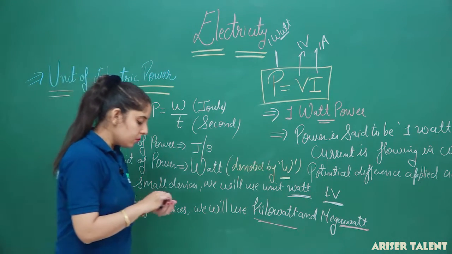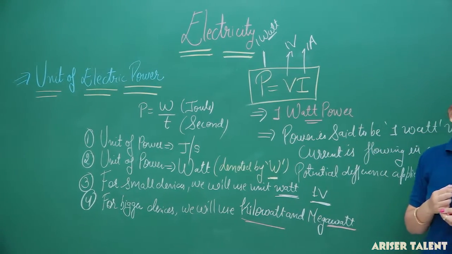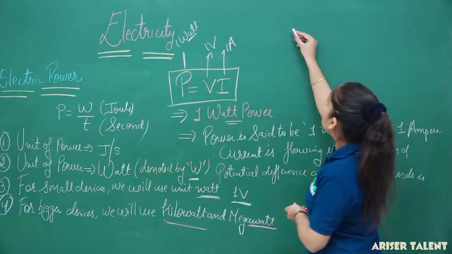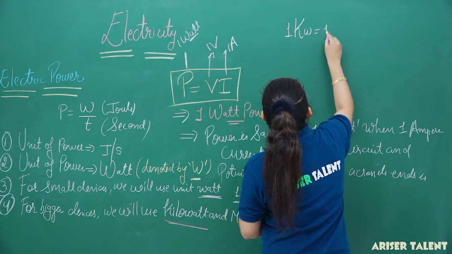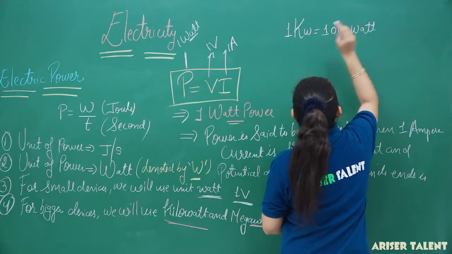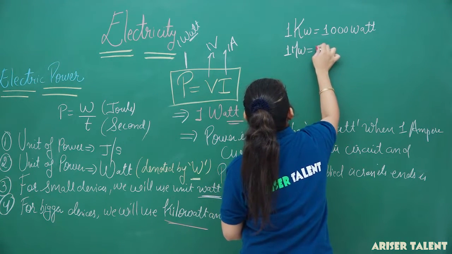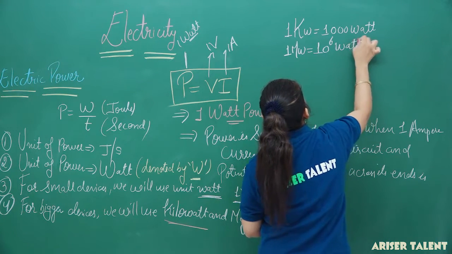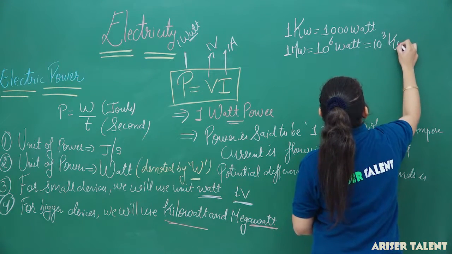Now 1 kilowatt will be equal to 10 raised to the power 3 watt. It means 1 kilowatt में 1000 watt होंगे. So 1 kilowatt is equal to 1000 watt, and 1 megawatt will be equal to 10 raised to the power 6 watt, and we can say that it is 10 raised to the power 3 kilowatt.